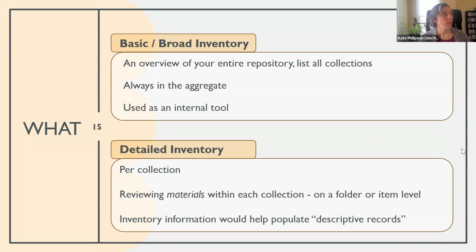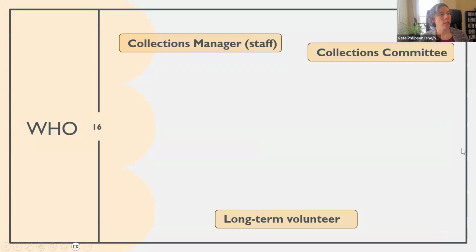That's some of the what, and I also want to speak quickly to the who. Ideally, you're going to have a staff person or a dedicated volunteer or a committee of folks working on this inventory project.